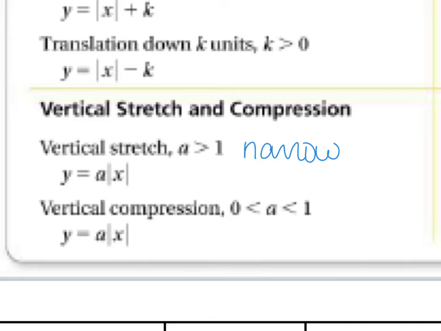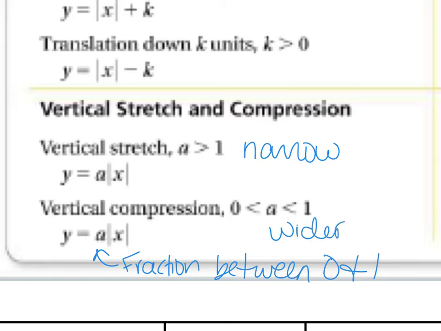If there is a number that is a fraction between 0 and 1, it is getting wider, and they use the word compression here. I don't like it. Let's say shrink. Stretch is like somebody took it and stretched it up. Shrink is whenever it's getting wider.